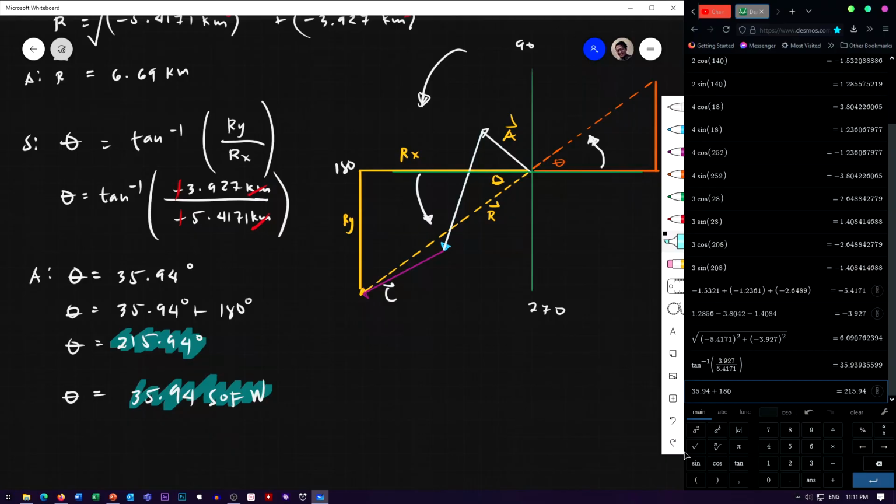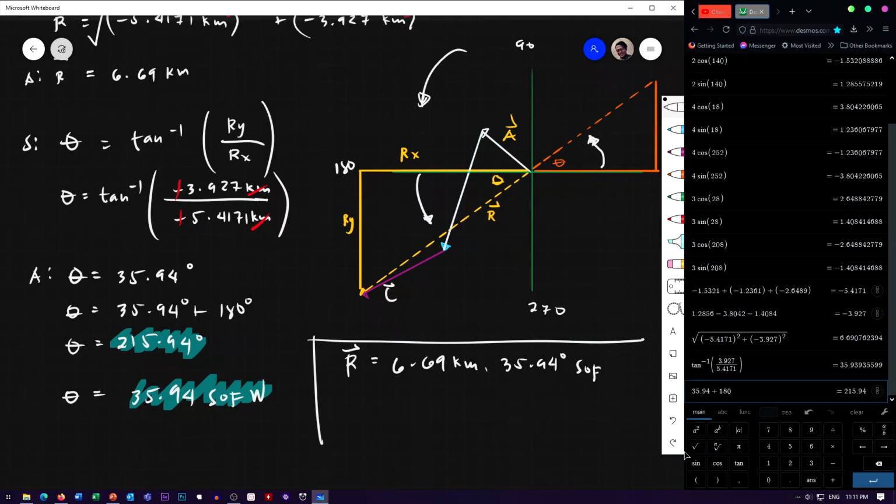For your final answer, you can have our resultant vector equal to 6.69 kilometers with 35.94 degrees south of west, or 6.69 kilometers, 215.94 degrees.